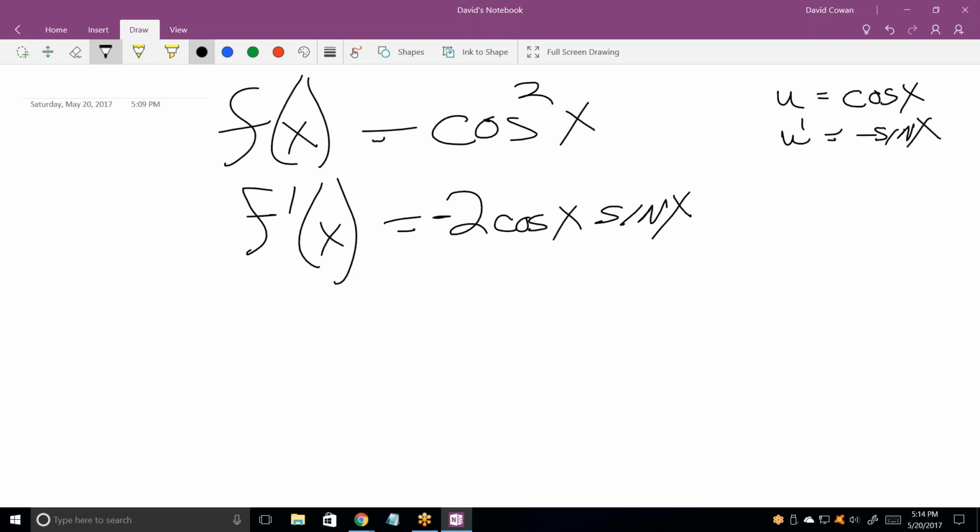Now, there's a couple of ways to get the second derivative. First of all, we could just apply the product rule. Let's do it that way. That's going to be your easiest way, I'm sure. And then I'll show you a different way that would probably be a little easier if you knew the trig identity for this. Do you happen to know the trig identity for that? Is it minus sine of 2x?